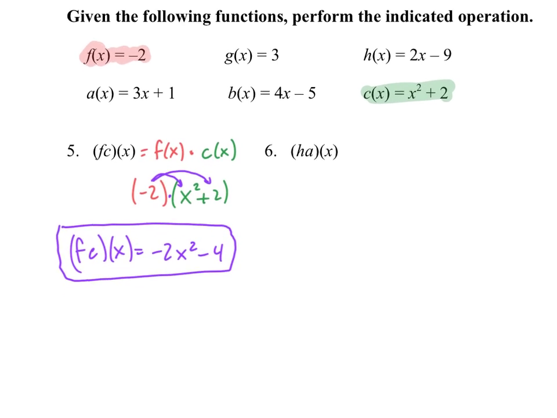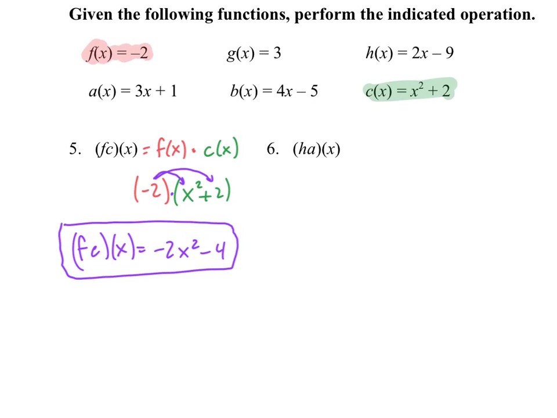And then ha of x, let's see what that gives us. So h being 2x minus 9, a being 3x plus 1.